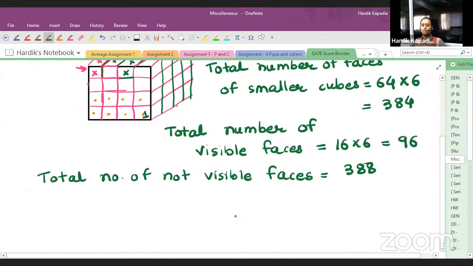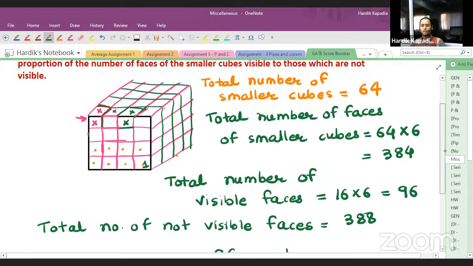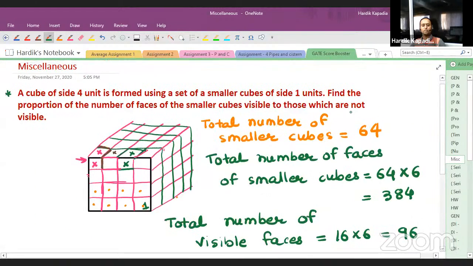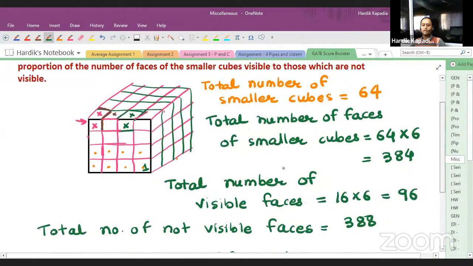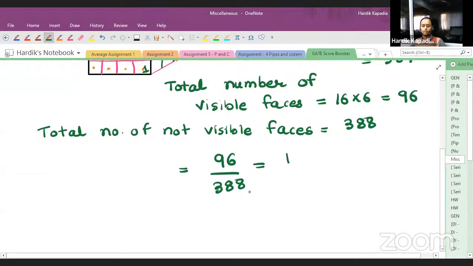So visible divided by not visible is 96 divided by 388, and your answer is... So it is visible divided by not visible, not visible divided by visible. It's visible divided by not visible. So it's 1 by 3.